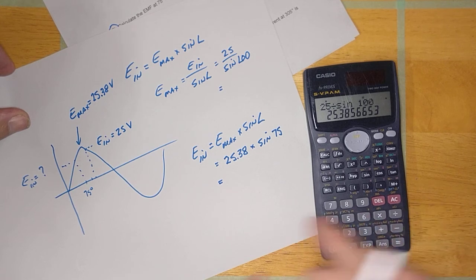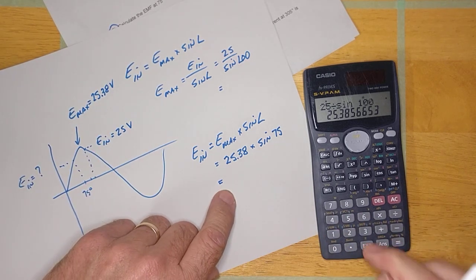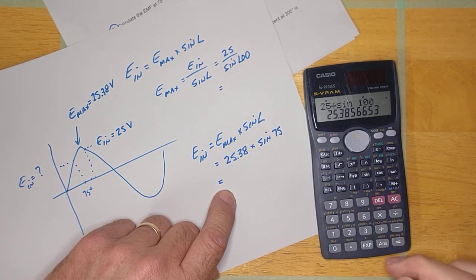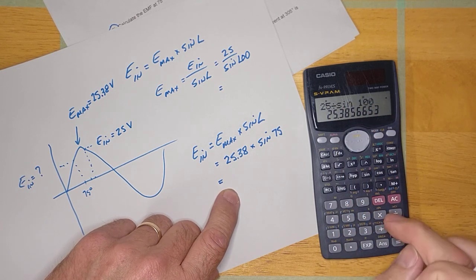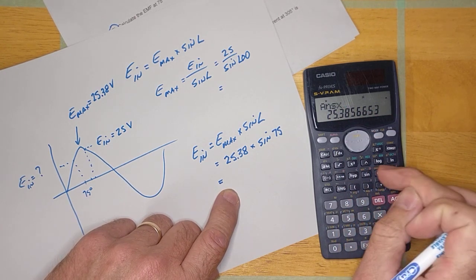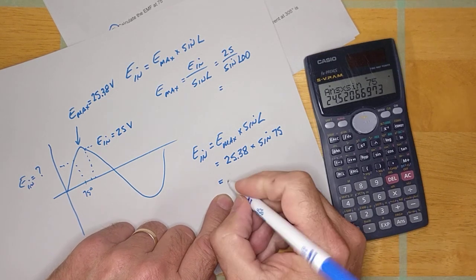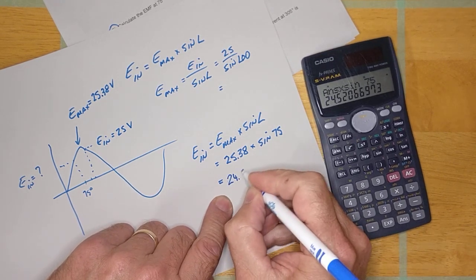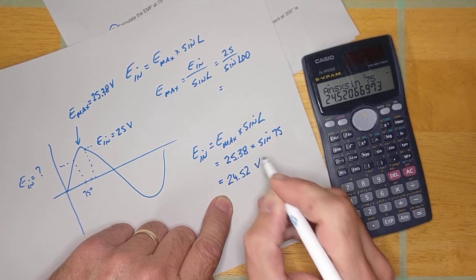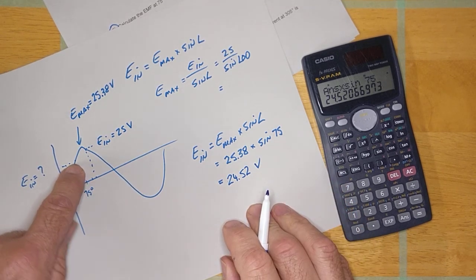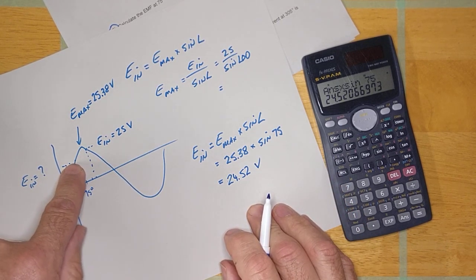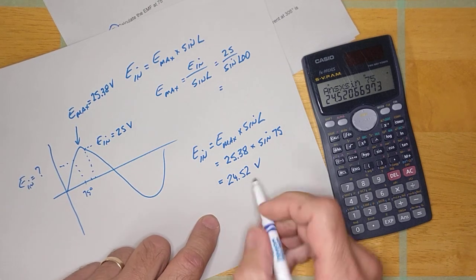So I'm going to try to keep it to the right here. All right, guys? 25.38, it's already in my calculator, times sine 75 equals. Looks like it's going to be 24.52 volts at that instant right there, 75 degrees, okay?